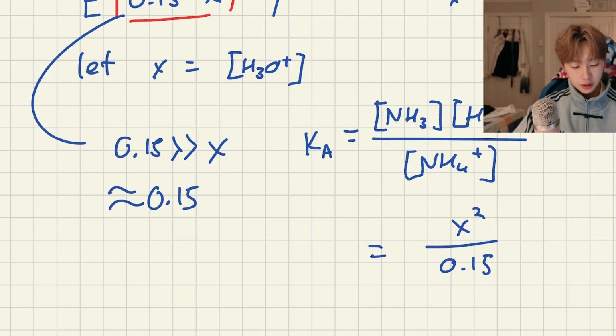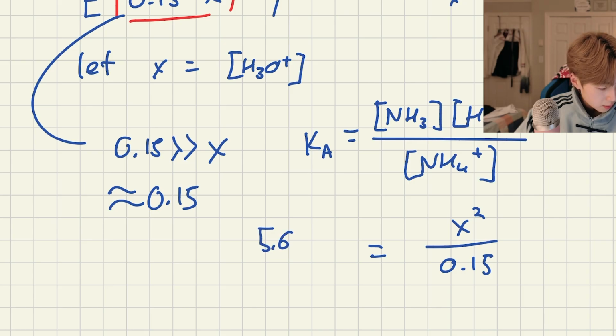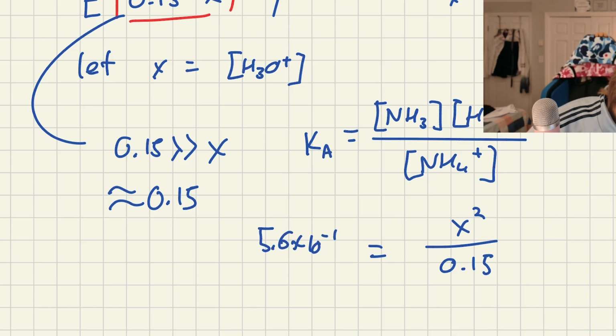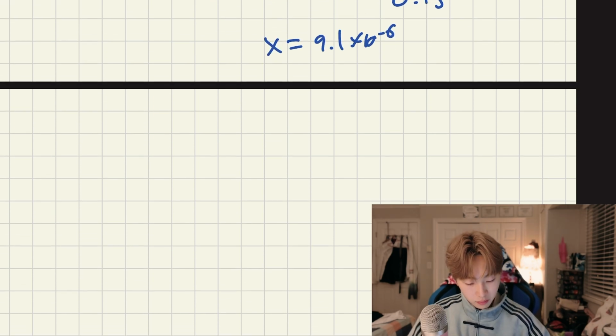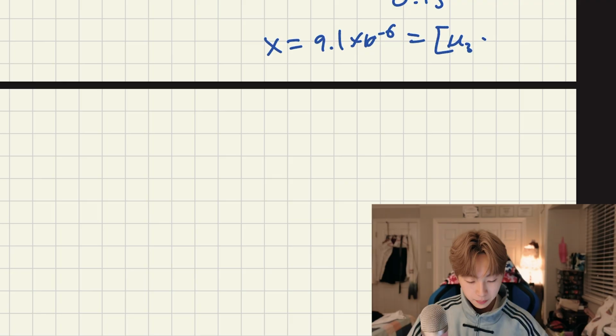Looking at our chart, we can see that our Ka for this equilibrium is 5.6 times 10 to the negative 10. Doing the math, X is going to be equal to 9.1 times 10 to the negative 6, and this is equal to our concentration of hydronium.